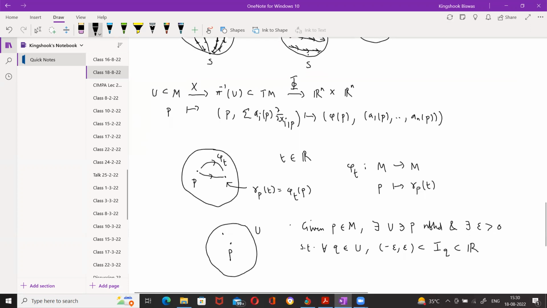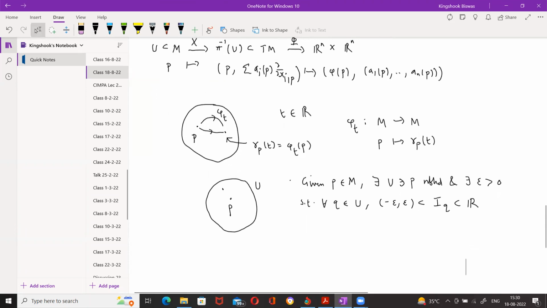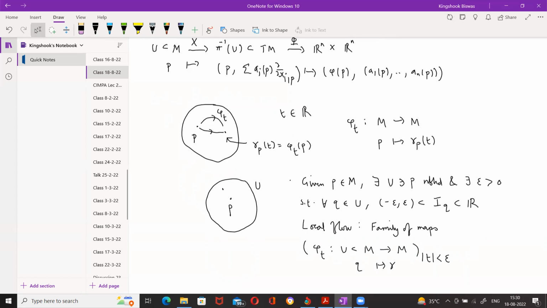Then we can define the local flow, which will be a family of maps phi t from U subset of M to M, for mod t less than epsilon, where Q maps to gamma Q of t.